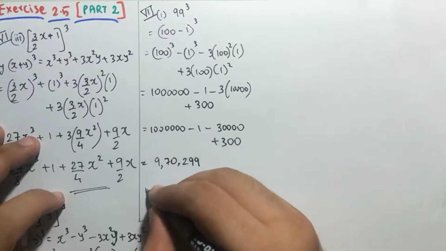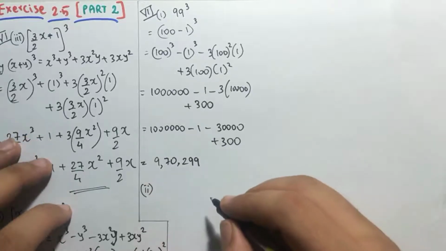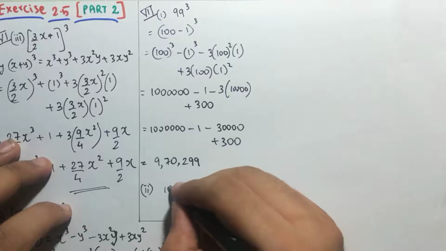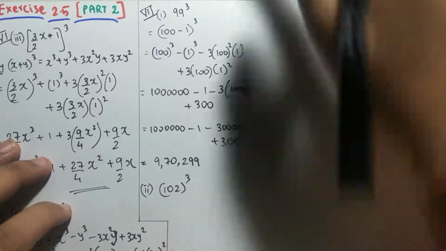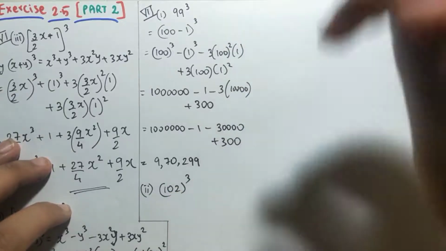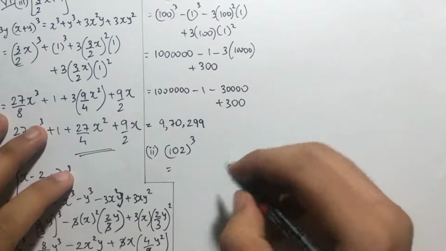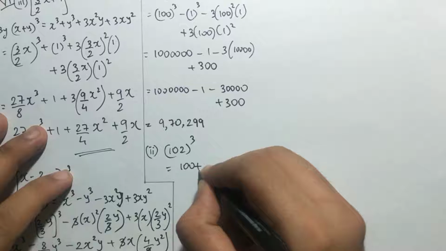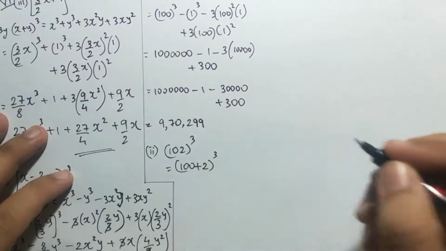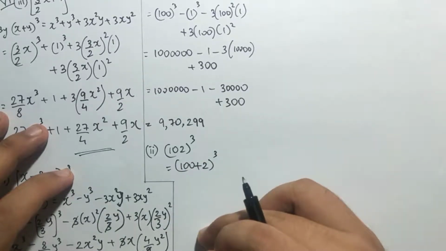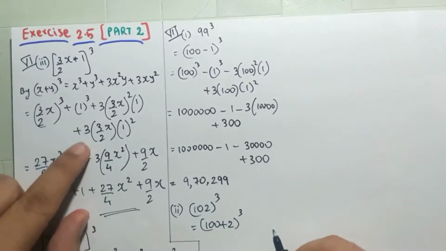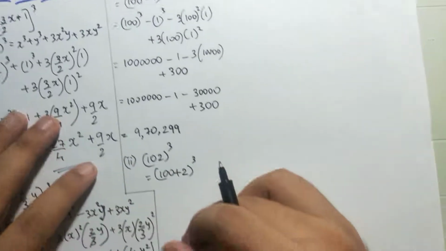The second question is 102 cube. 102 cube can be written as 100 plus 2 whole cube. I'm not writing the identity; you know which identity I'm going to use. That is x plus y whole cube.